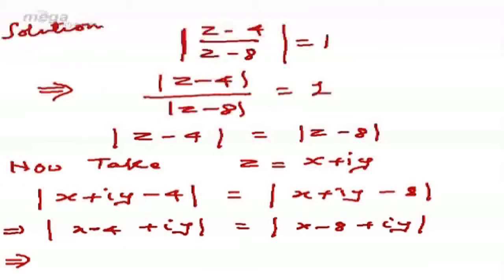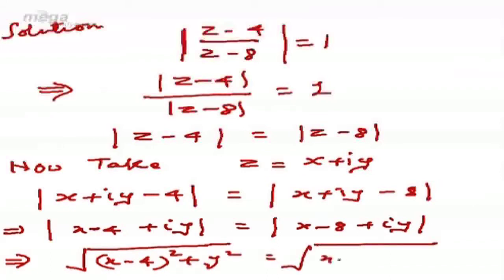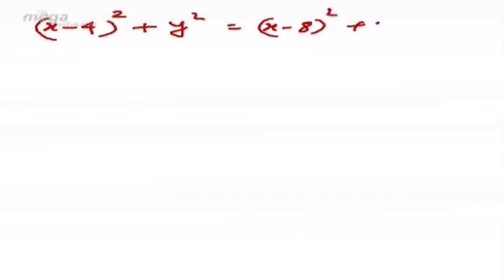Now this will become root of (x minus 4) to the power 2 plus y square is equal to root of (x minus 8) whole square plus y square. If we remove the square root from both sides, it will become (x minus 4) whole square plus y square is equal to (x minus 8) whole square plus y square.